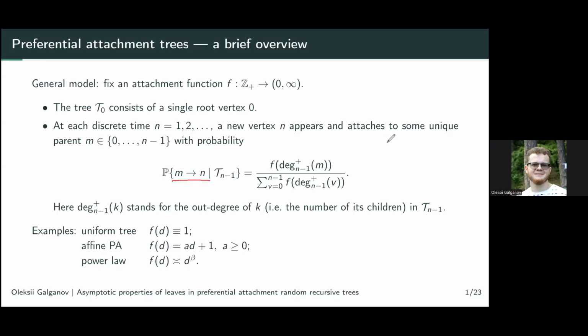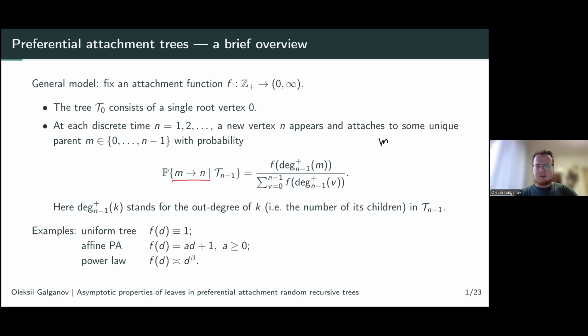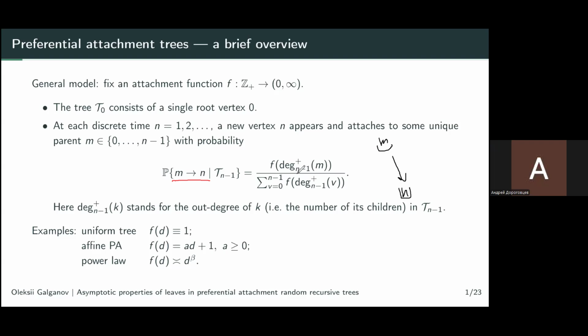It means that in a tree, we have this vertex M, for example, an existing vertex, and we have some new vertex N, and this arrow just indicates that we built a connection between M and N. On the left-hand side, we have a notation for the vertex. So the larger its degree is, for example, if f is increasing, the higher the probability that we attach the new one. Yes, exactly. Okay, exactly. Thank you.